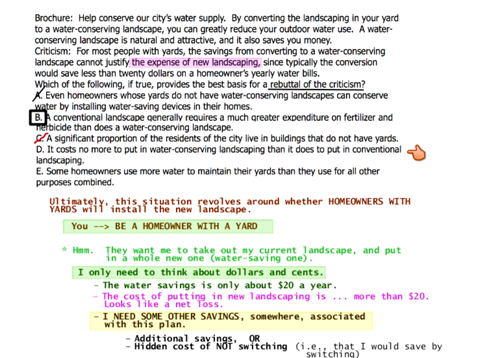If it was a totally new thing that you were building, then you would have to think about this. And then E is some homeowners are pretty much profligate with their use of water, but that comparison does not help me figure out costs and benefits of making a switch.